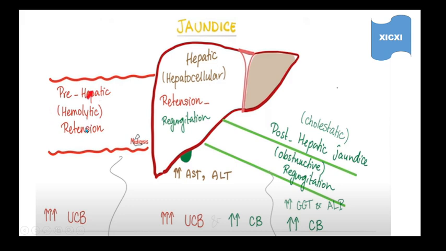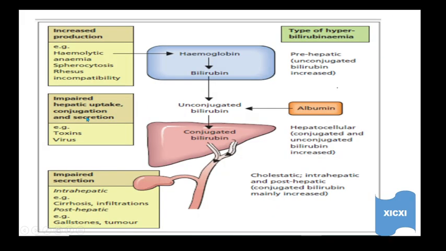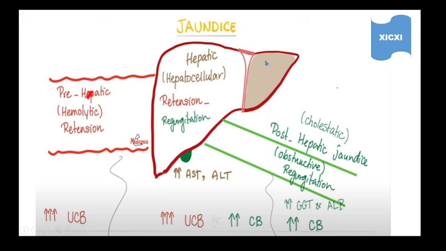You may have hemolytic anemia, spherocytosis, or rhesus incompatibility. All this can increase red blood cell destruction, and so bilirubin increases, as bilirubin results from red blood cell breakdown. We call this prehepatic jaundice.